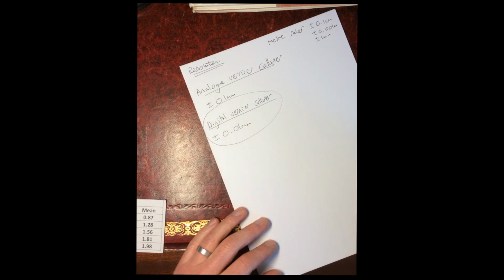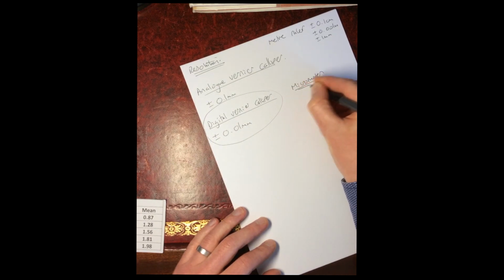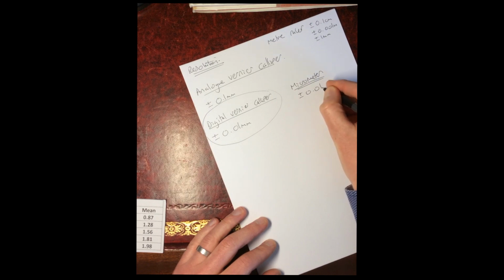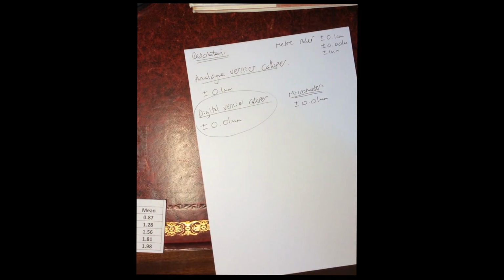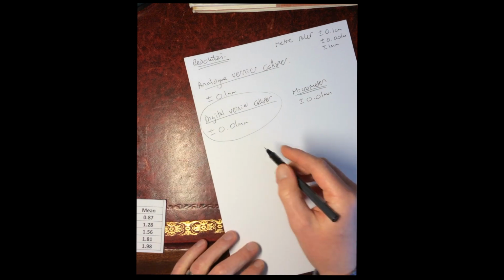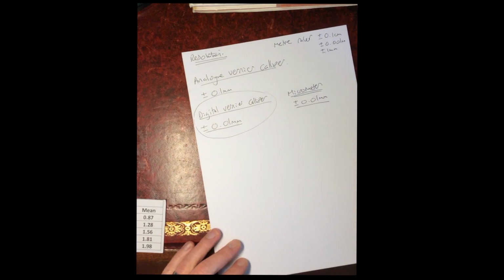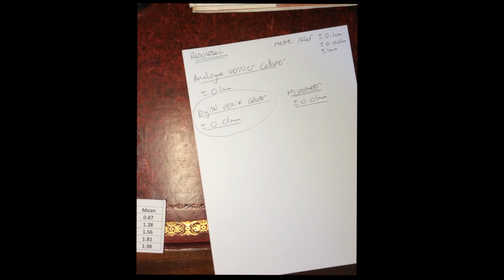You could try and measure the thickness of a piece of paper with that. Also, a micrometer has the same resolution, plus or minus 0.01 millimeters. So in an exam or in past exam questions, and when you look at the mark scheme, you may see a micrometer referred to, or a digital vernier caliper. These are the devices that measure to 0.01 millimeters.